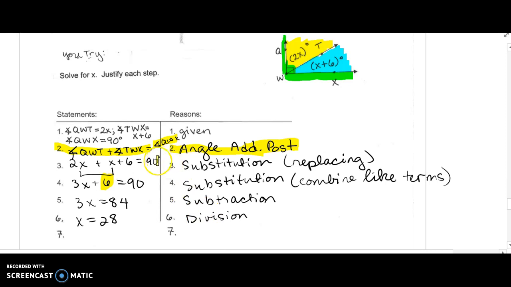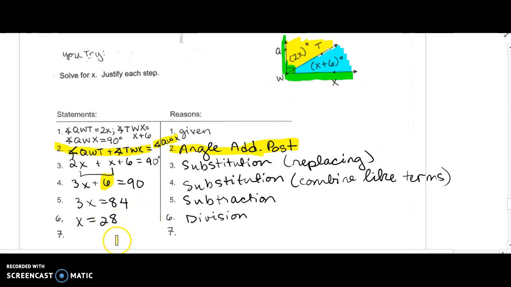So you may have actually done this proof in 7 steps or 8 steps. Some people like to do line 3 and then show in line 4 that they are combining like terms. Line 5, they like to show that they subtracted 6 from both sides.